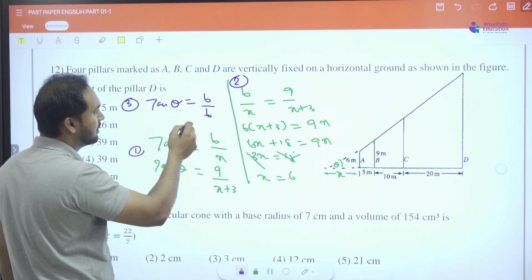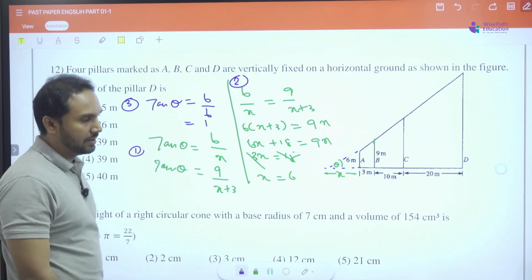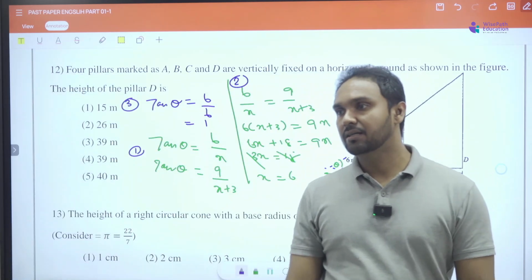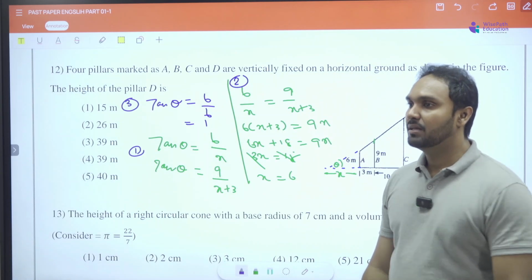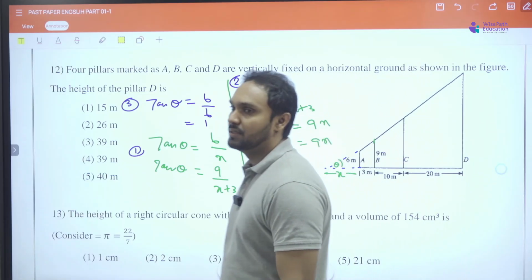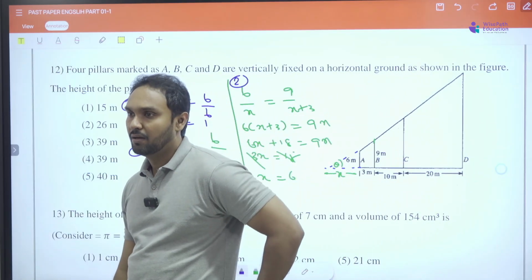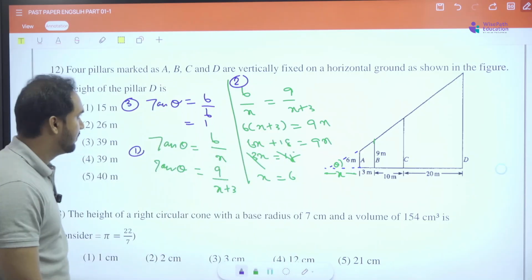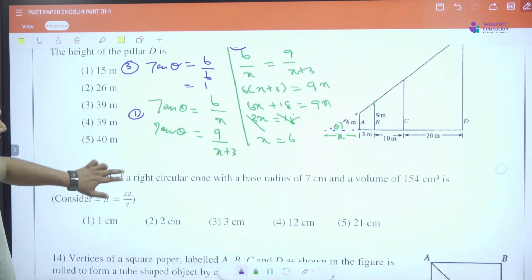So that is 1. So you can even give an angle for this now. Tan theta is equal to 1 when the angle is how much? 45, isn't it? You don't have to calculate it.